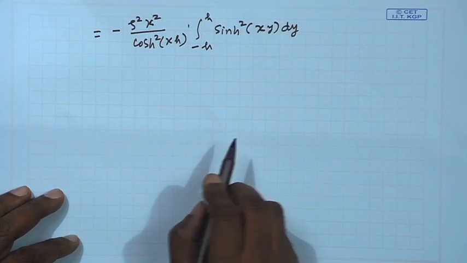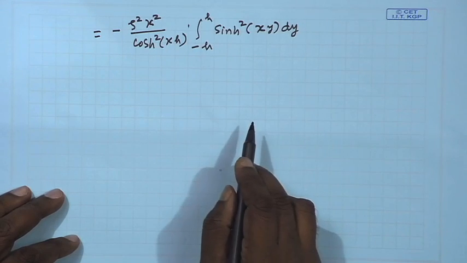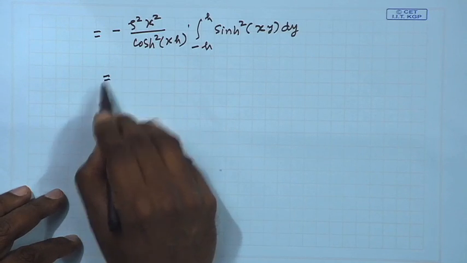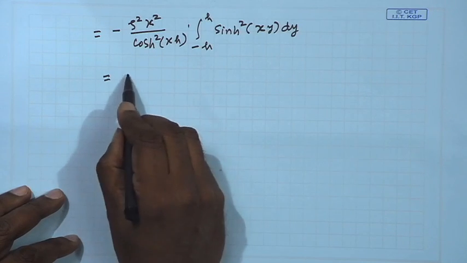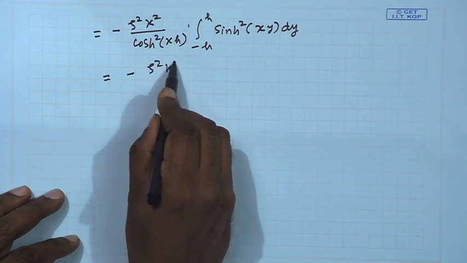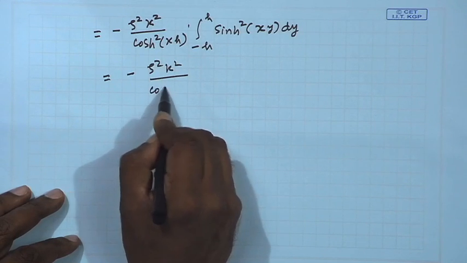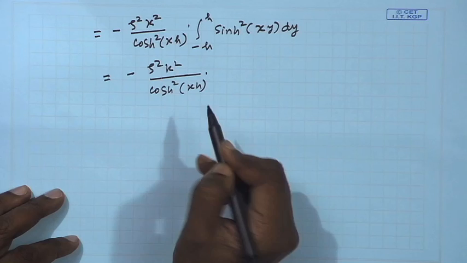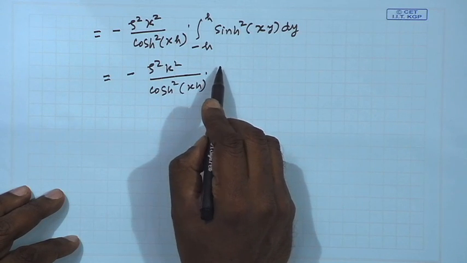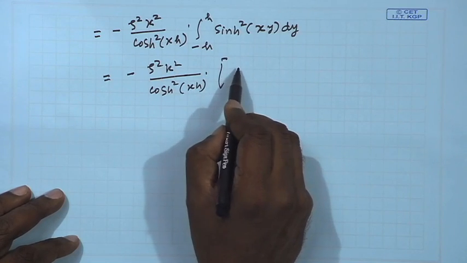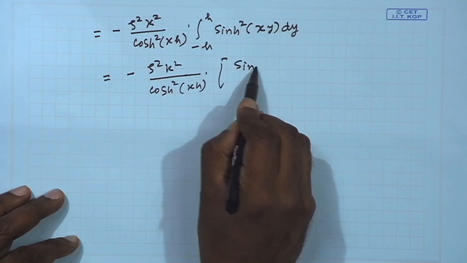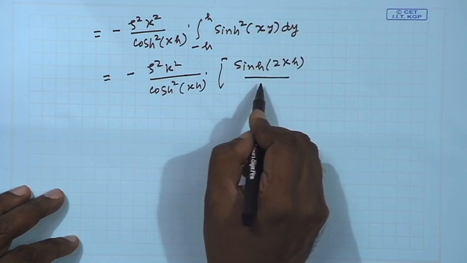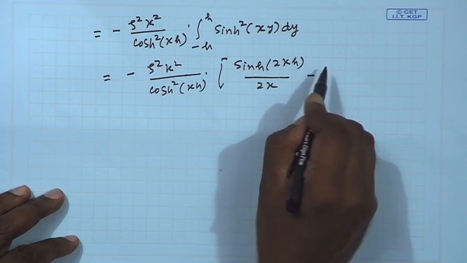Okay, so if I now simplify this one, this becomes minus zeta square kappa square by cos hyperbolic kh. If you do a little simplification, this will come as sine hyperbolic 2 kappa h by 2 kappa, minus h.